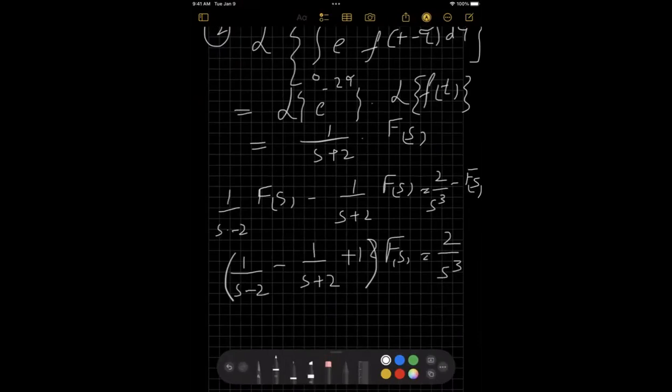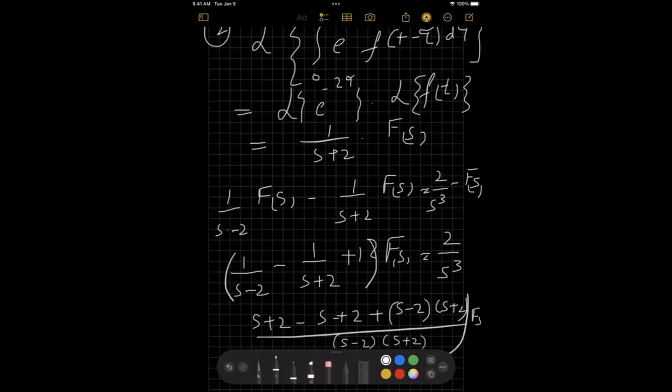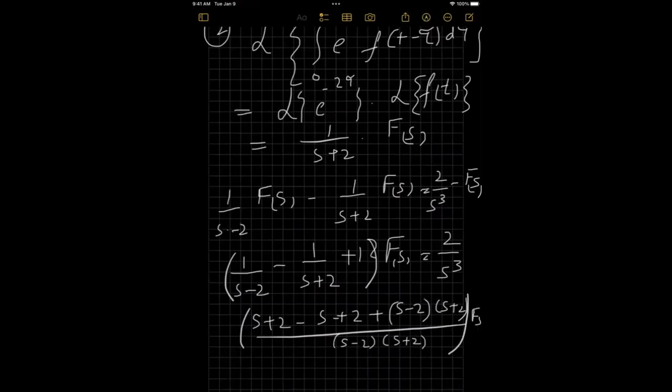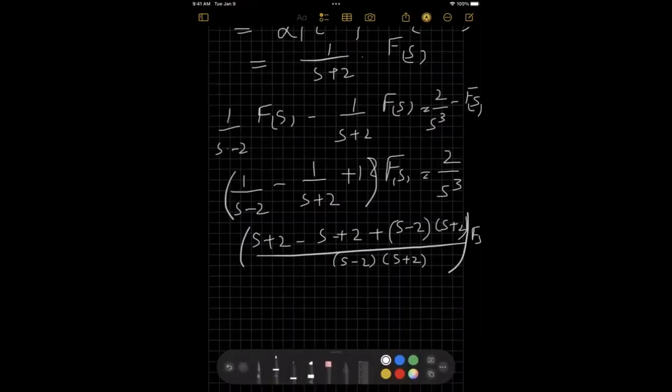Solving it, we get s plus 2 minus s plus 2 plus s minus 2 times s plus 2, divided by s minus 2 times s plus 2, times F of s. I'm just solving this part.